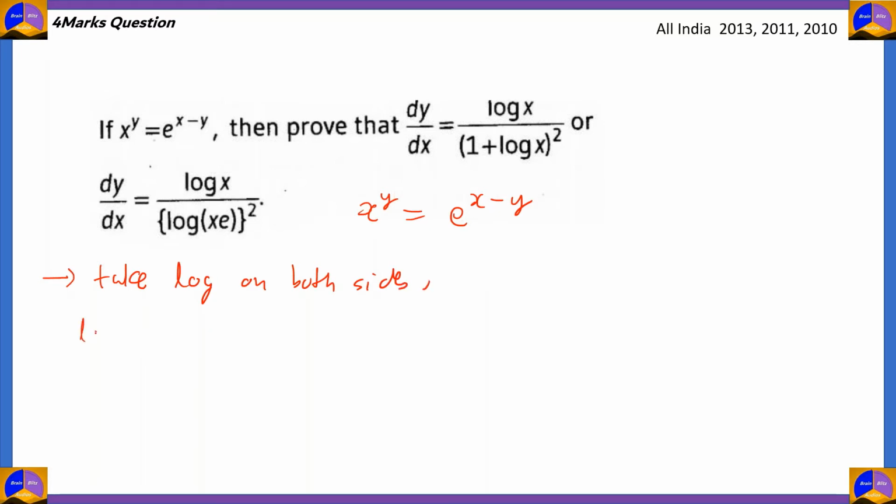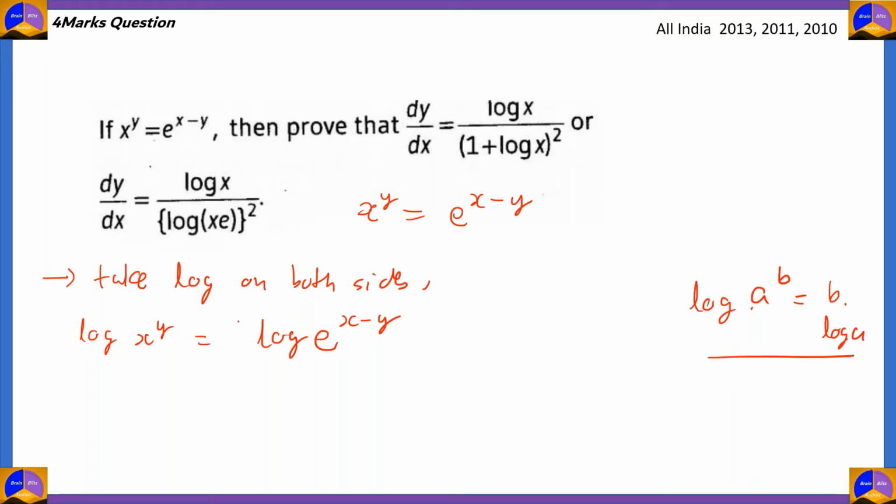Then we'll get log of x raised to y is equal to log of e raised to x minus y. If log a raised to b is present, we can write it as b into log a. So using this property, we can write the left-hand side as y log x and the right-hand side as (x minus y) into log e.